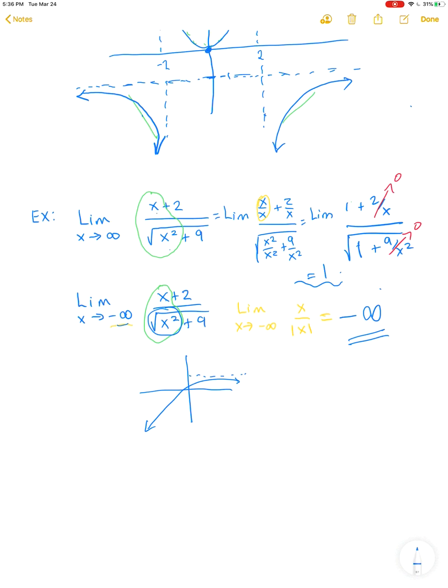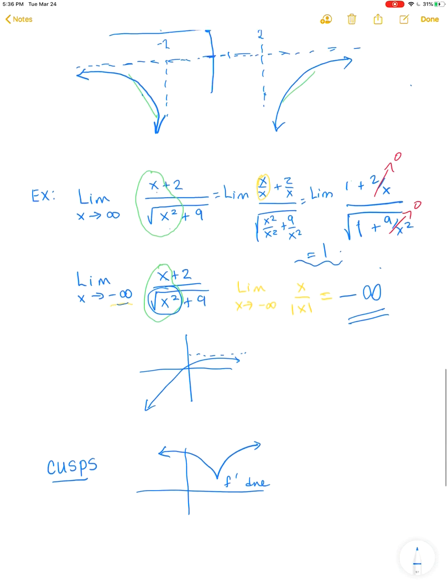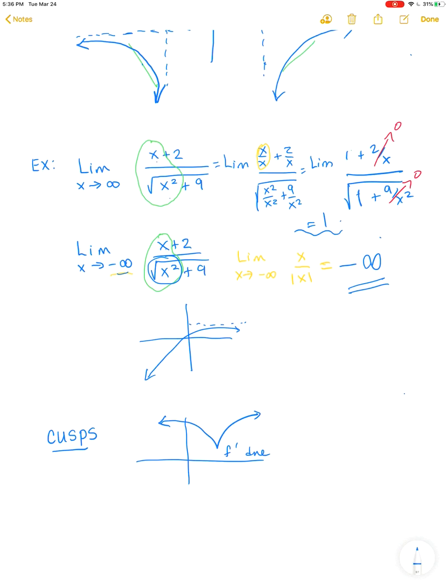Also, there's a bit in here about cusps. Cusps of a function occur where the graph has a sharp corner. We can find those because that'll be a critical number. So it'll be a critical number where the derivative does not exist, where there's a zero denominator of the derivative, but not in the original function.